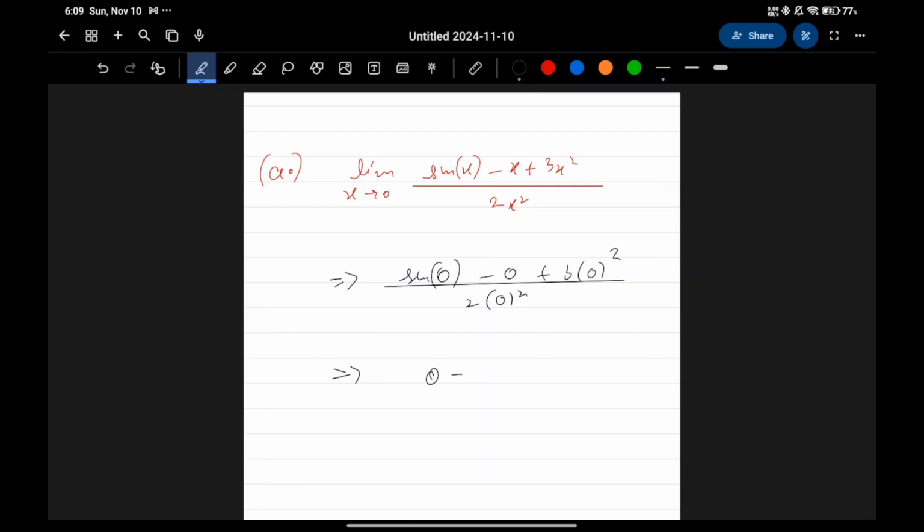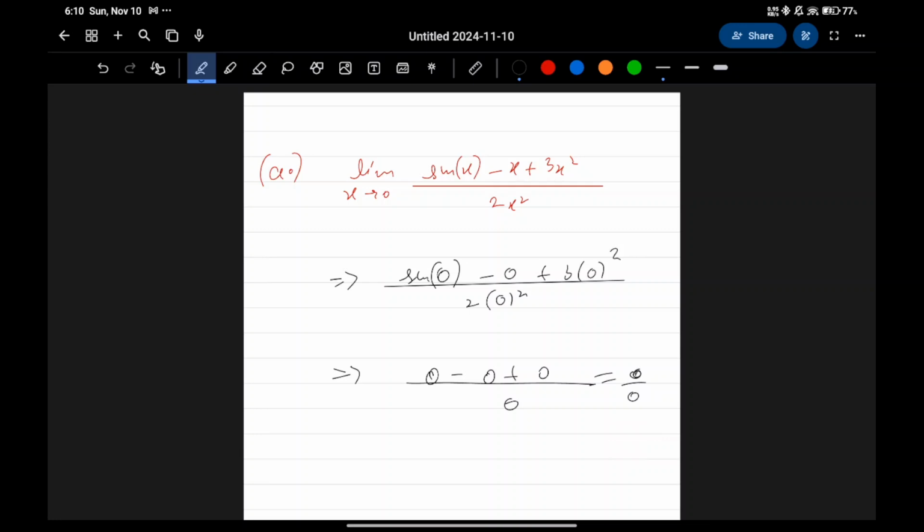You need to know the unit circle values now that you're in Calc 1; it's assumed that you know them. So 0 minus 0 plus 0, over 0, which is 0 over 0 form. You need to always ensure that you have either 0 over 0 or infinite over infinite. If you have any other form, you need to work on it, which we will learn in a few moments.